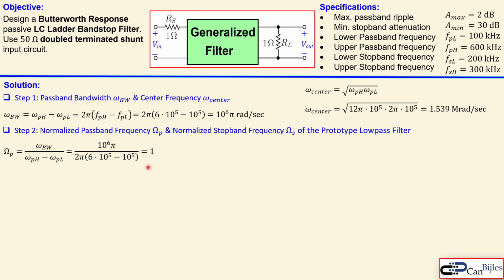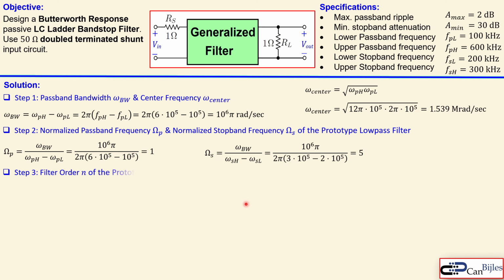So this is then again here 1. The other one is for the omega S, which is then given here. So we use here for omega S the stopband frequency specifications, lower and upper, and here we use the passband frequency specifications.